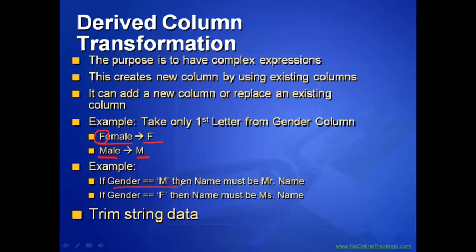If the gender equals male, then the name should be prefixed with Mr., and if gender equals female, the name has to be prefixed with Miss. So I wanted this kind of expression, or I would like to trim the data. I wanted to derive something, so write some expressions and do a lot of things with the data. Clear? So this is what is called derived column.